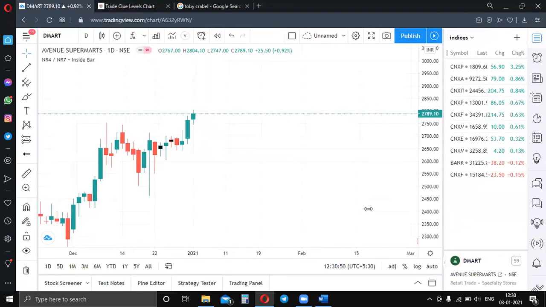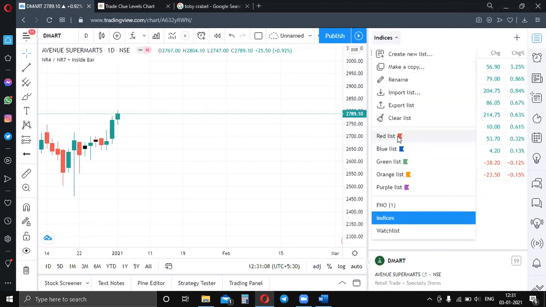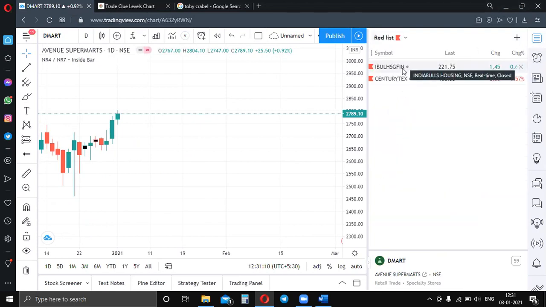At 9 a.m., 8 minutes, you will get pre-market ticks, the pre-market opening data. In that case, if I find that a particular sector is very bullish or a particular sector is very bearish, say I have on my red list Apollo, Century and Indiabulls.